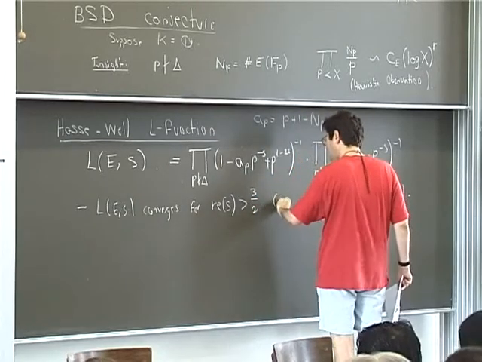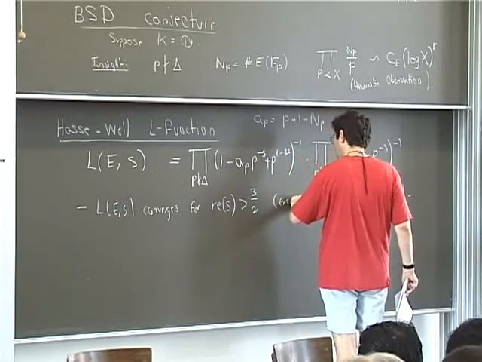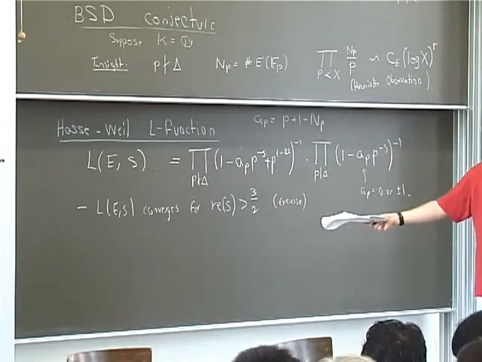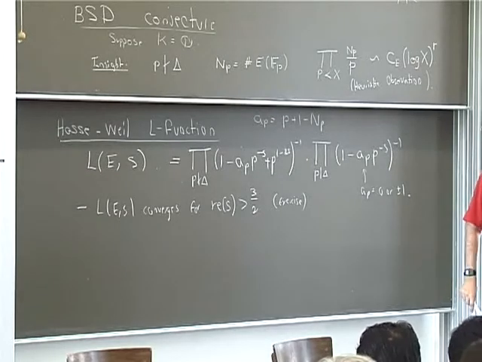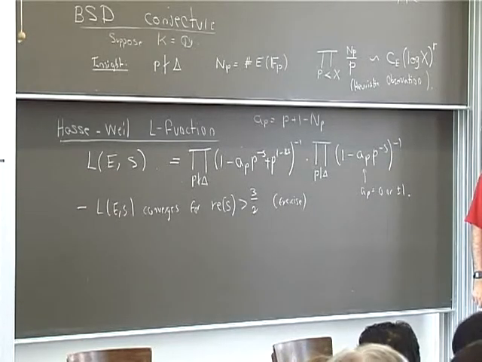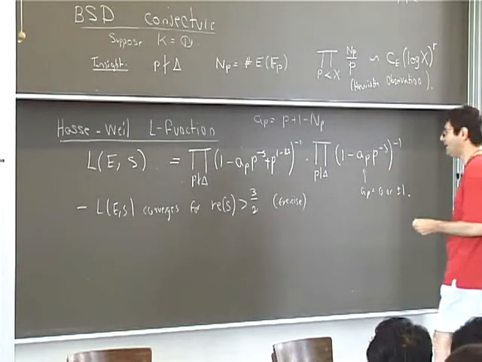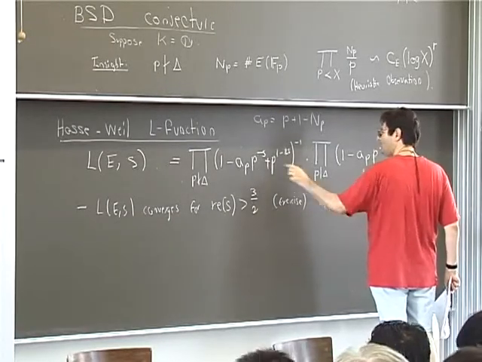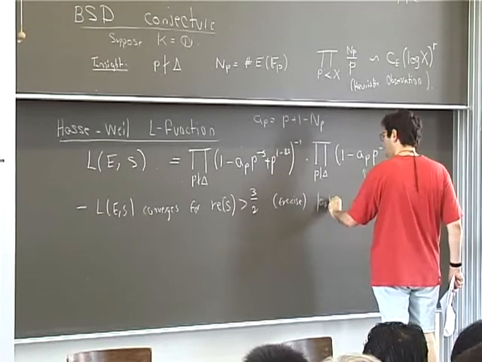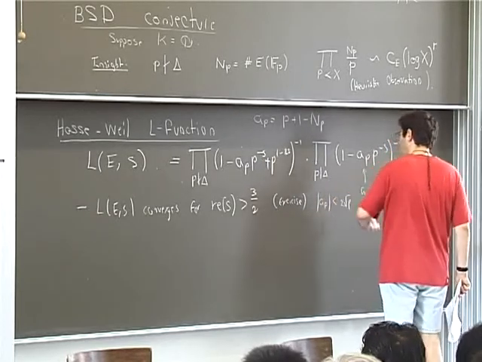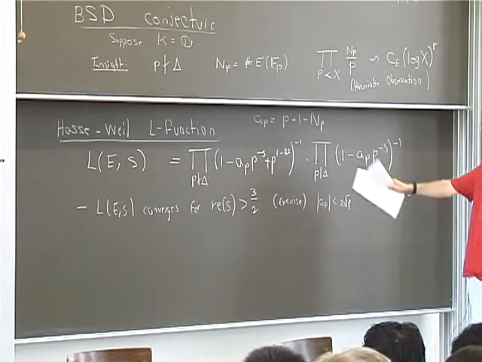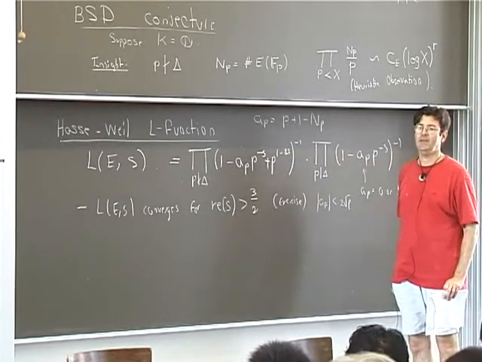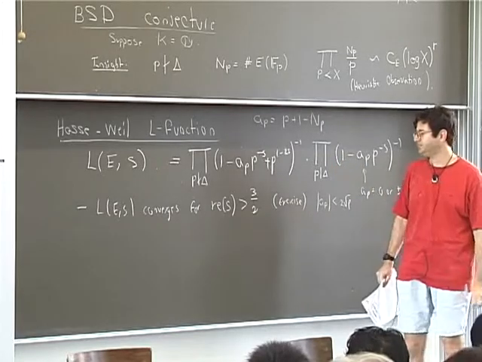This is an exercise I already did last week when I discussed the L functions attached to abelian varieties or elliptic representations, when I made the statement that the elliptic representations were what I called rational. That came along with a bound on the Frobenius eigenvalue, which in this context means that these coefficients a_p are less than 2 square root of p in absolute value. From that, you can conclude the absolute convergence of this product on the plane to the right of s equals 3/2.